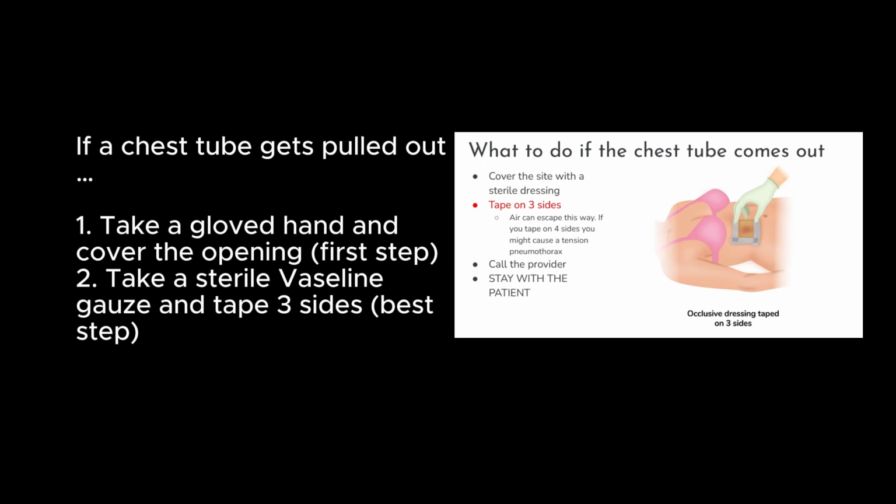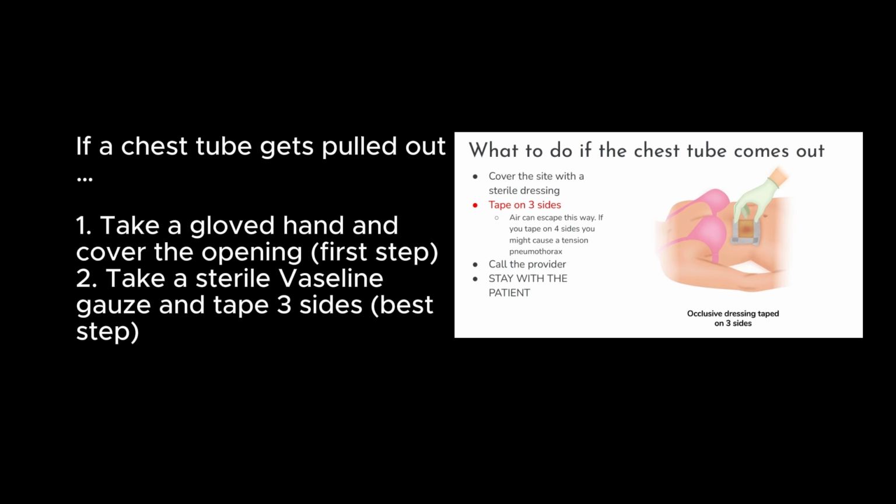Take a sterile Vaseline gauze and tape 3 sides, not 4 sides. Tape 3 sides and leave 1 side open. Why you are doing that is to allow air to come out. At that point of using a Vaseline gauze to tape 3 sides, that is the best step.